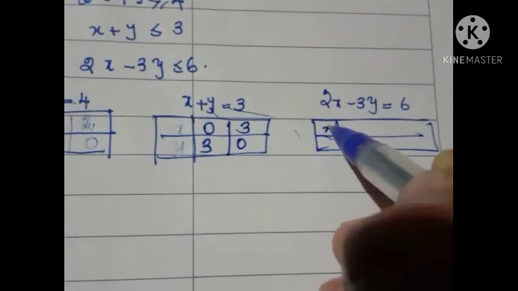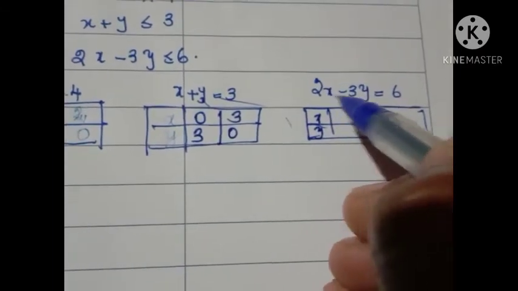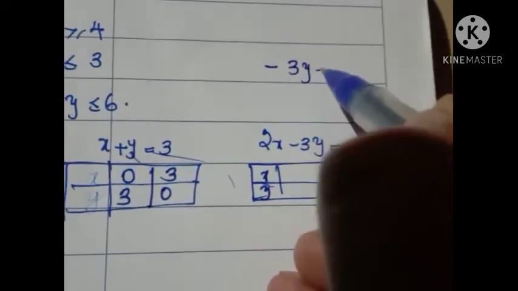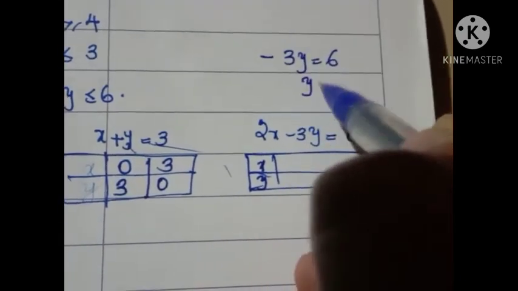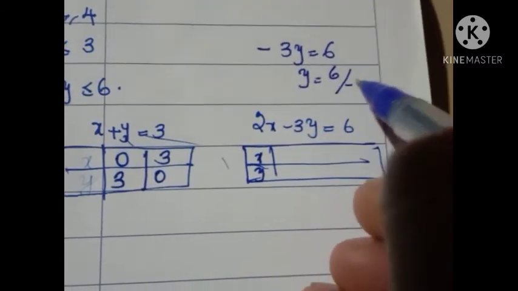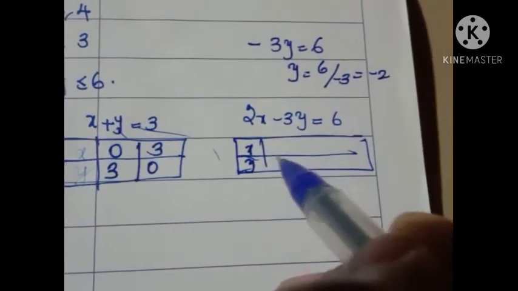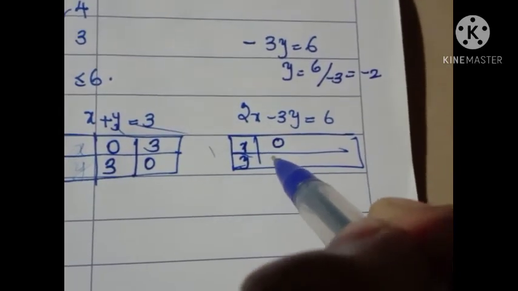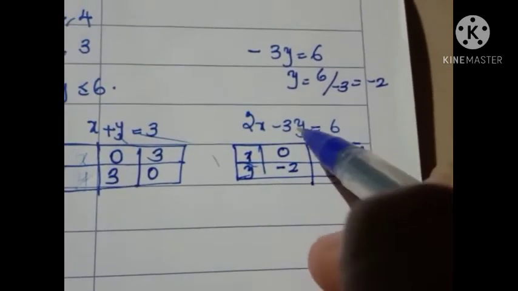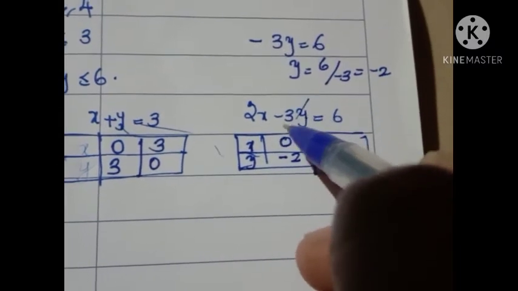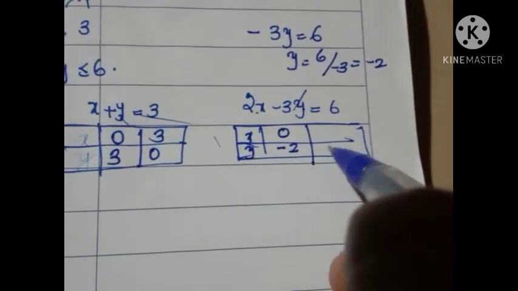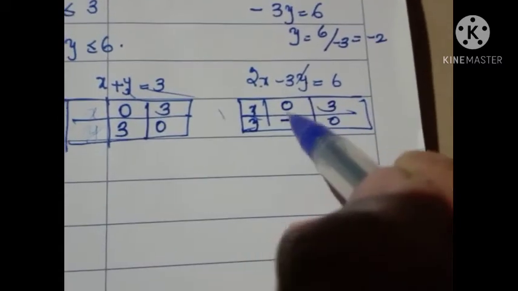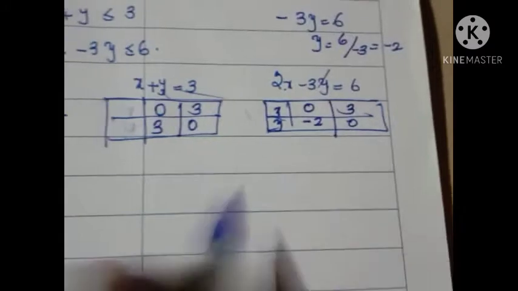Now the third one: when x = 0, −3y = 6, therefore y = 6 by −3, which is −2. When y = 0, 2x = 6 and x = 6 by 2, which is 3. So here we have a negative value.